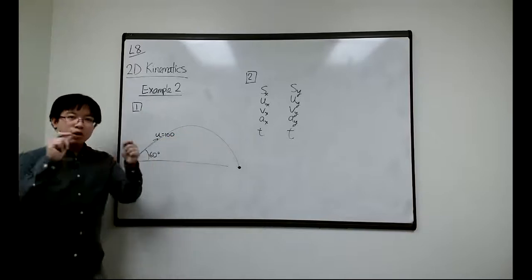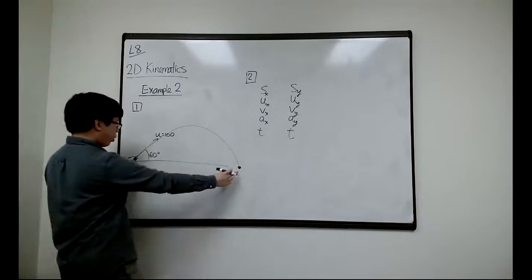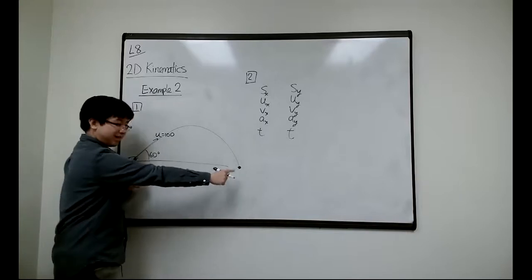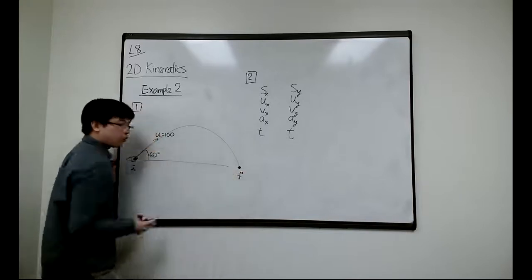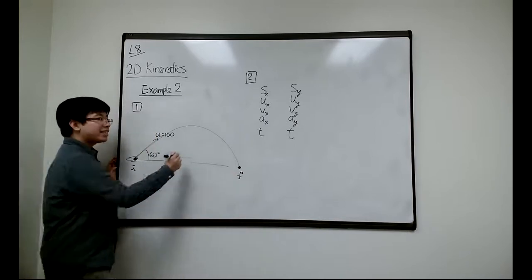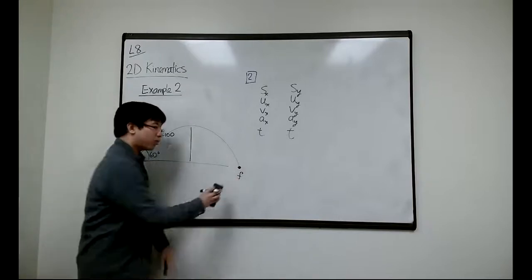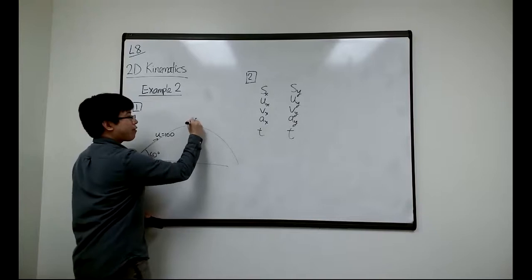So displacement is always between 2 points. For this problem, you don't want to pick these 2 points. If I want to ask how far it reached, this is the initial and this is the final point you want to analyze. However, this time we're interested in just the height, so you don't really care about what happens afterwards. So it's better to pick this as your final position.